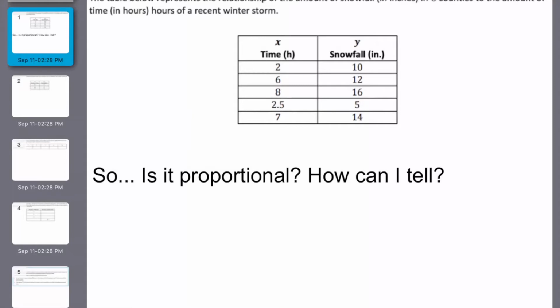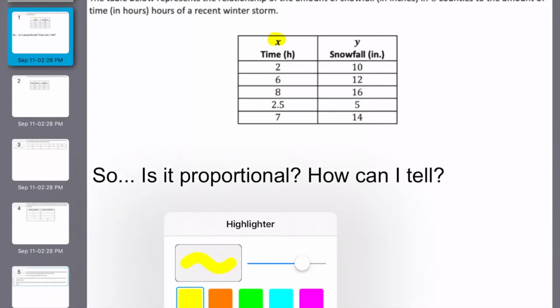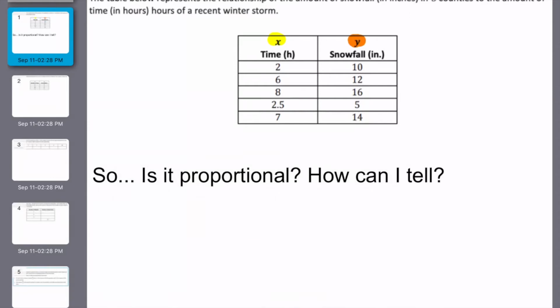So what I'm going to do is see if there is a consistent way that I can go from my x value to my y value. So I know that I can do 2 times 5 to get to 10, but I know that 6 times 5 doesn't get me to 12, nor does 8 times 5, or 2.5 times 5, or 7 times 5. In fact, every single time for the rest of these, it's x times 2 gives me my y value.